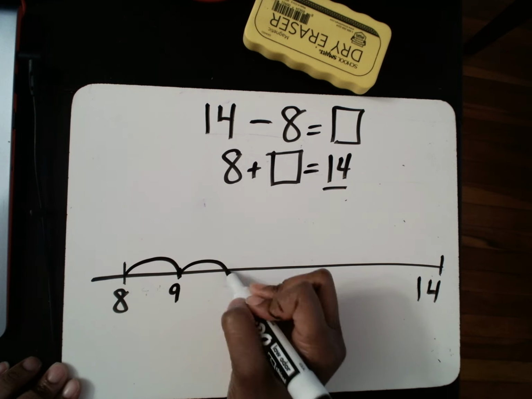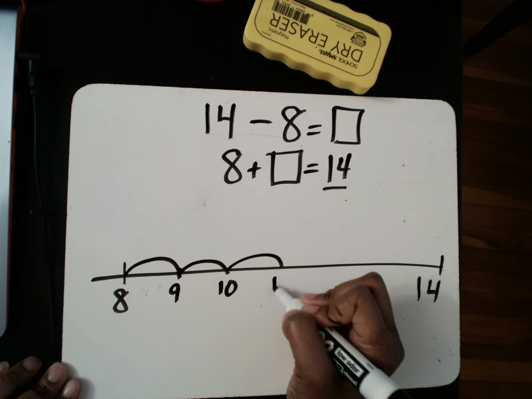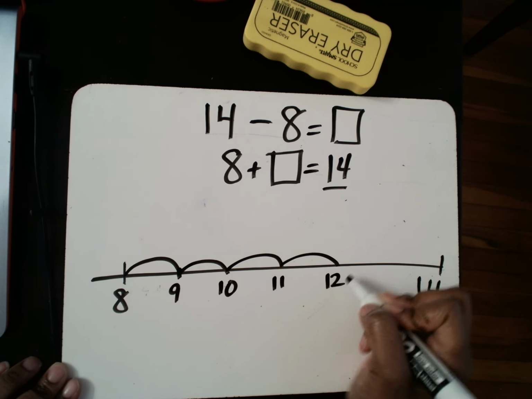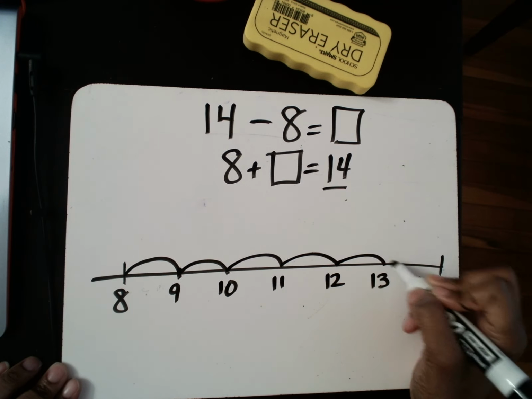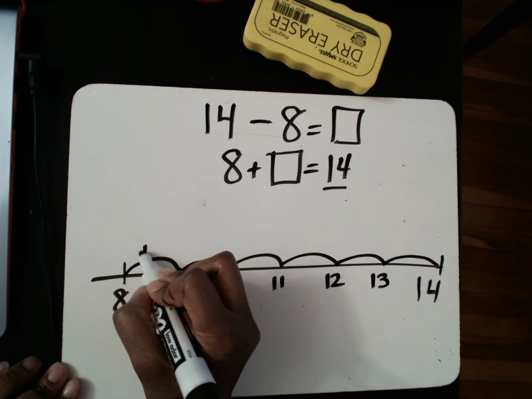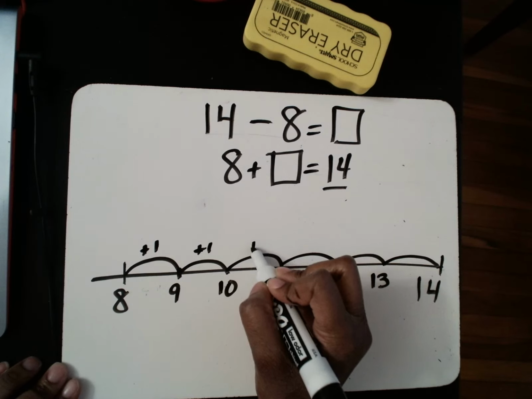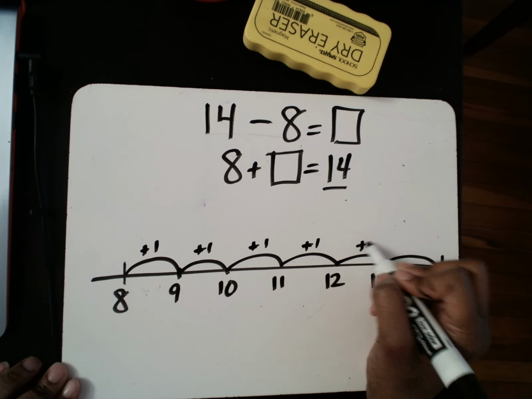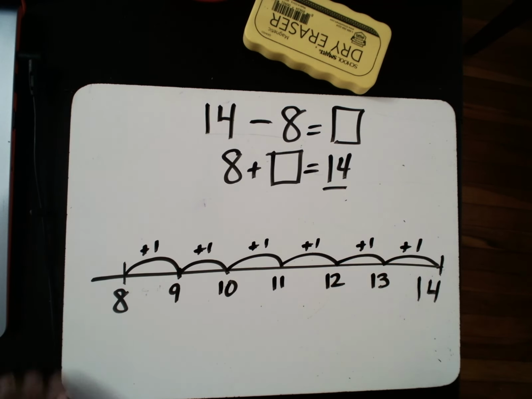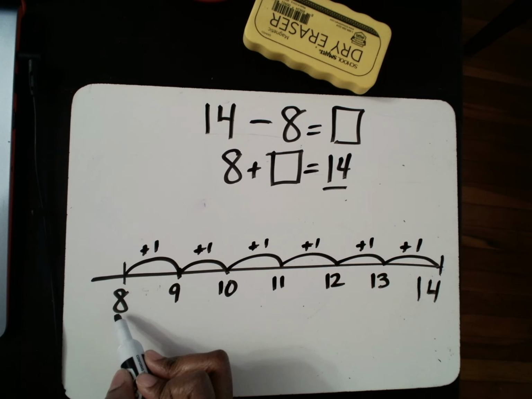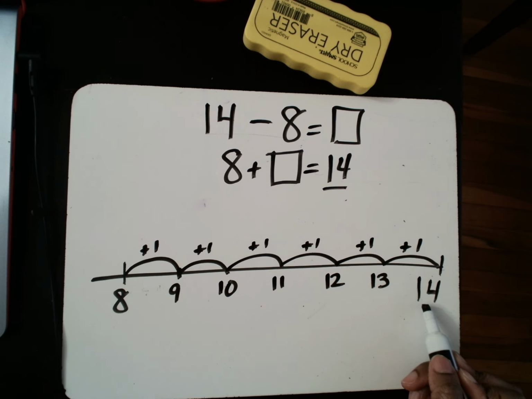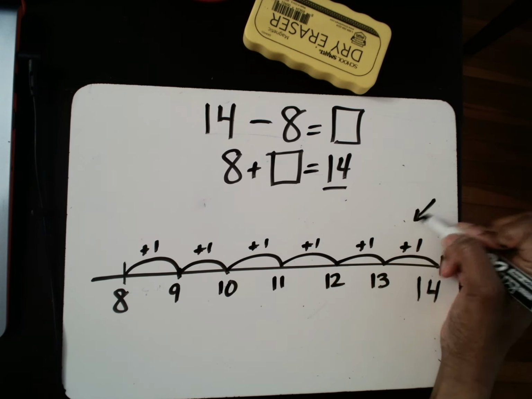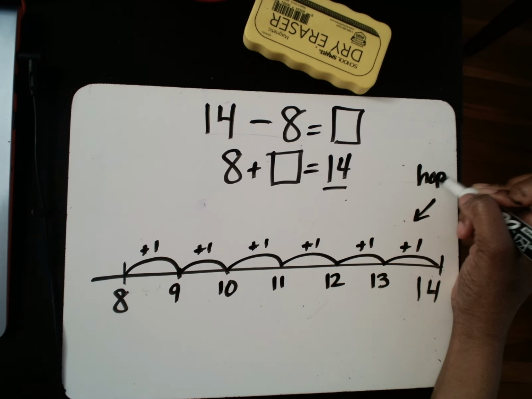9, 10, 11, 12, 13, 14. 1 plus 1 plus 1 plus 1 plus 1 plus 1. And to help me figure out how much I needed to get from 8 to 14, what I need to do is count the hops.